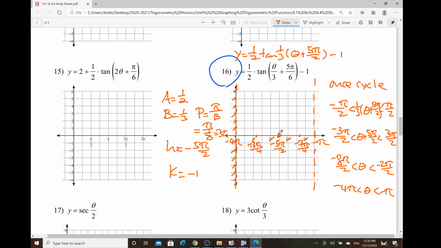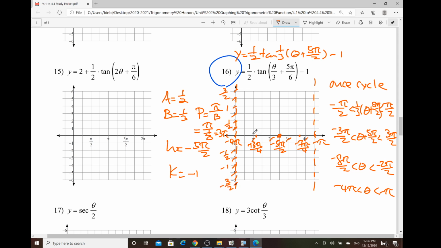Okay, so this one is 0. And let's see. Well, this one is 1/2. So normally if the value of a is 1, it's 1. But right now it's 1/2, so let's just set up the scale here: 1/2, 1, and then 3/2. Down here, negative 1/2, negative 1, and then negative 3/2.